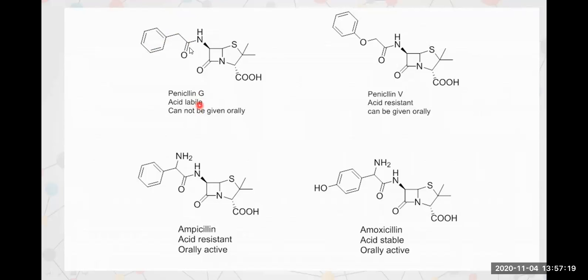That means the carbonyl group can be easily attacked by the hydroxyl units, and the hydrolysis will occur here, and the compound will no longer remain as it is, and it will become unstable. Similarly, the beta lactam can also be broken down.